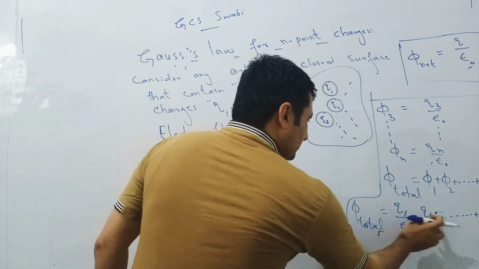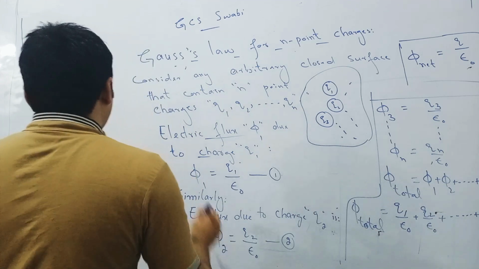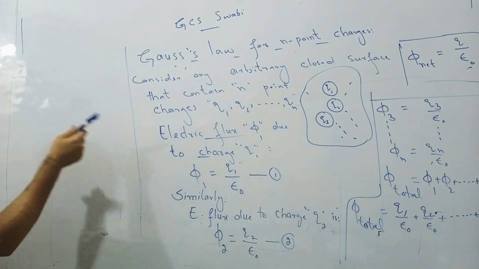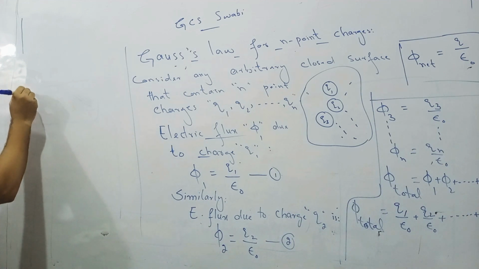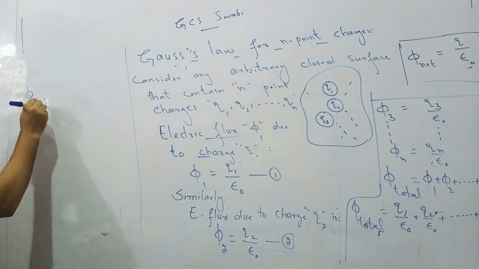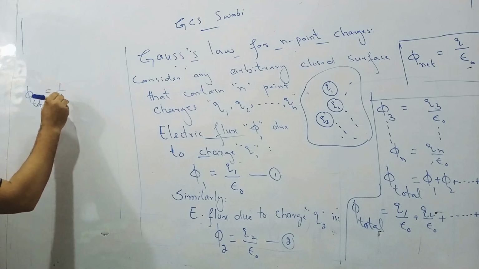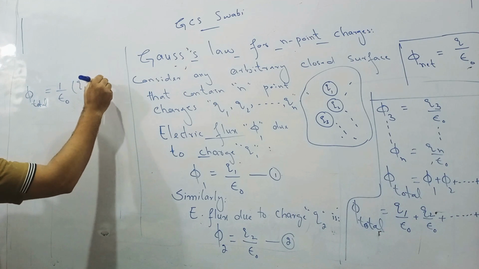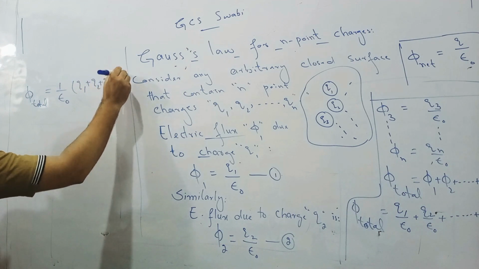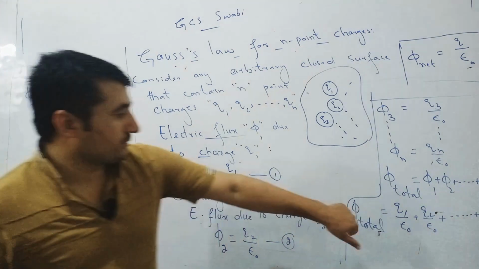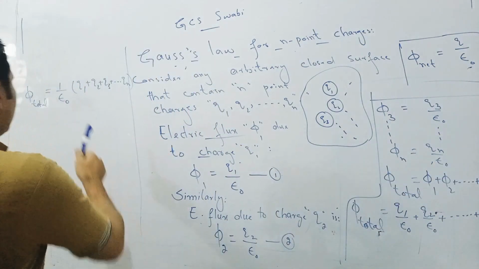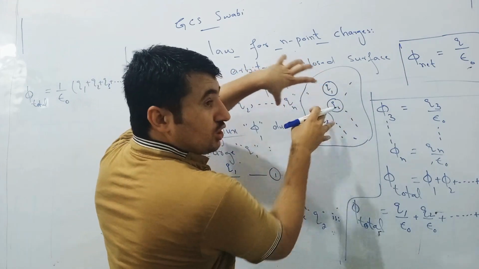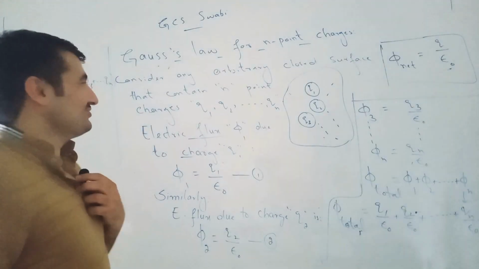This 1 over epsilon naught is a constant, so just bring that outside. What we get is flux total equal to 1 over epsilon naught times the total charge Q1, Q2 up to Qn. Clear?